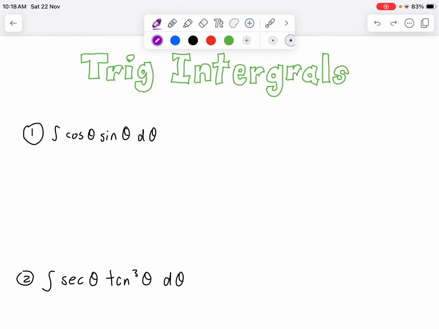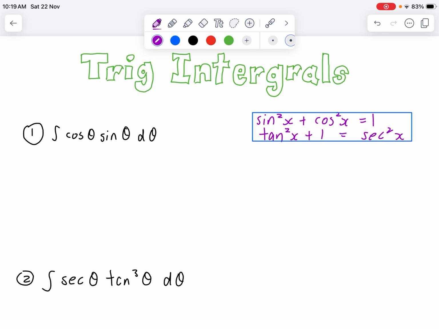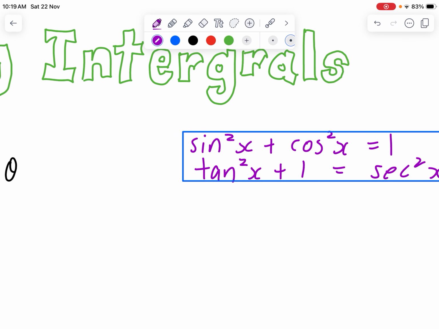So basically in this video we're going to be doing some integration of more complex problems, particularly when it comes to trigonometry. Before we get started, let me put down a reference for you all. Remember, these are the trig identities, or Pythagorean identities.